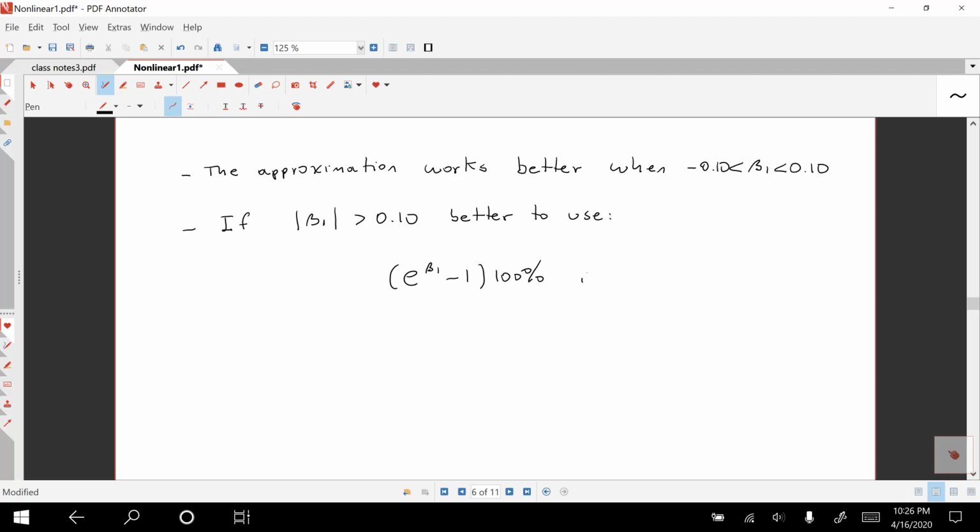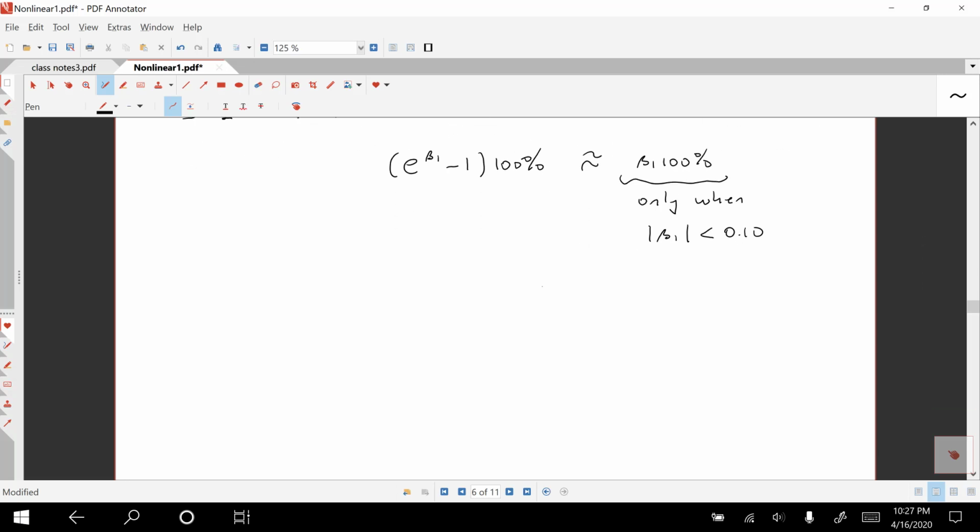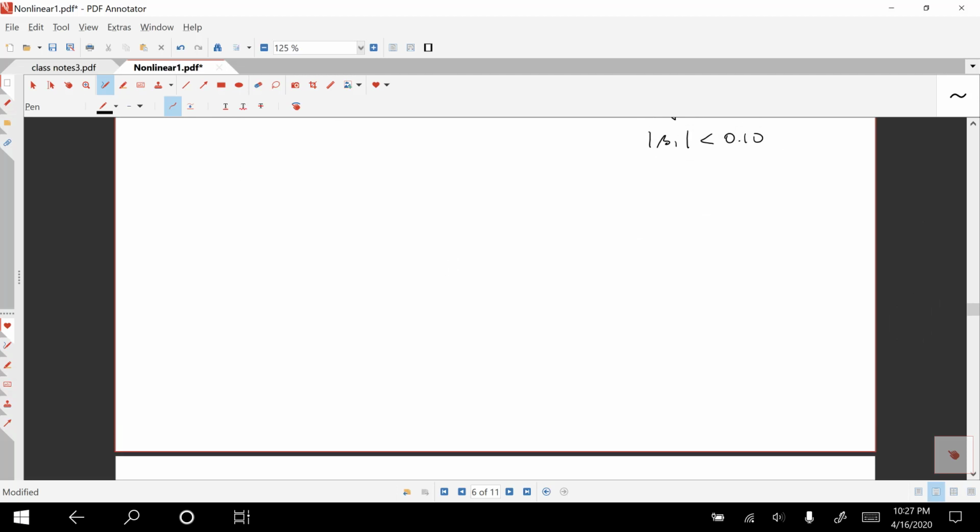This is approximately equal to beta 1 times 100%, but only when the absolute value of beta 1 is less than 0.10. If that coefficient beta 1 is larger than 0.10, it's better to use this formula here. So let's look at an example: the effect of education on wages.